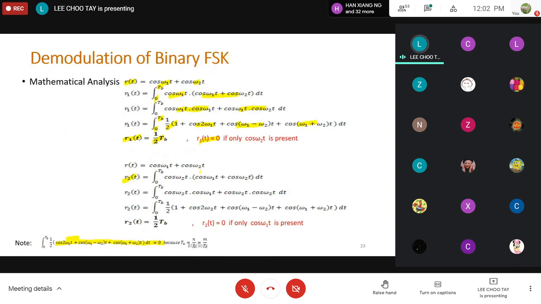Therefore the product will give you again half of 1 plus cos 2 omega 2t, and then plus again the difference between the two carrier frequencies and the sum of the two carrier frequencies. Same thing. If the incoming signal is a binary one, then of course you have cos omega 2t. So this term now will be valid, and you have half of TB at your output.